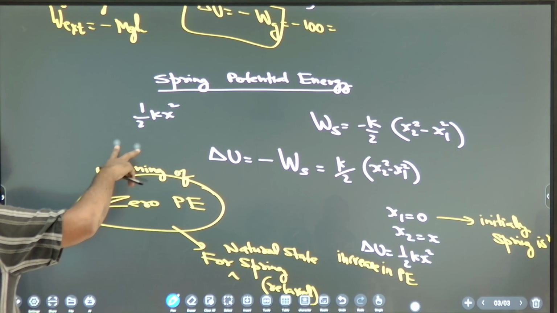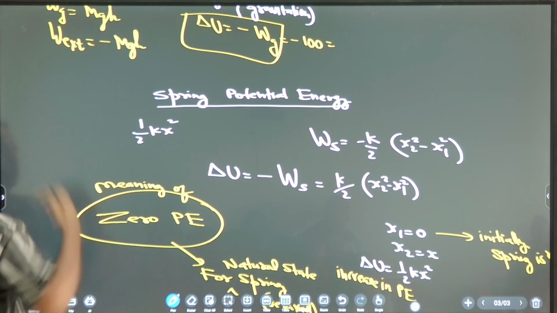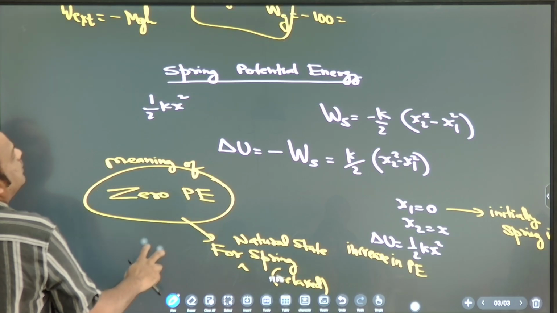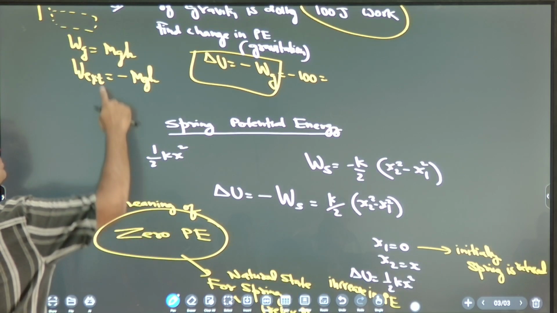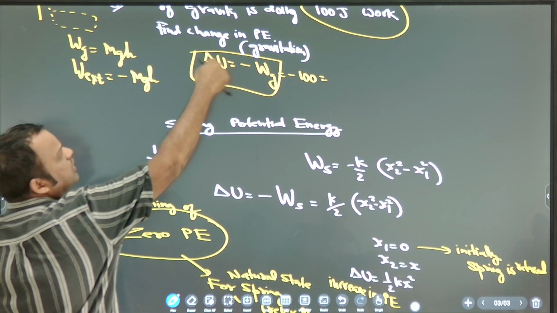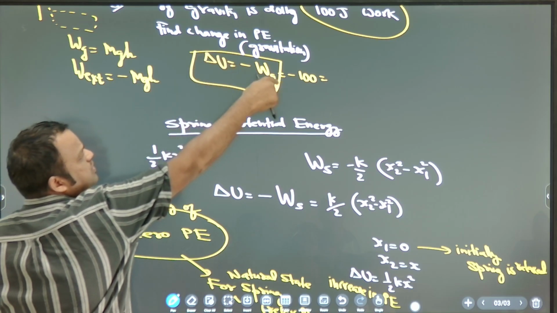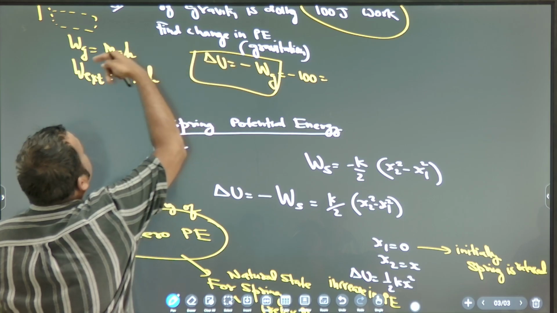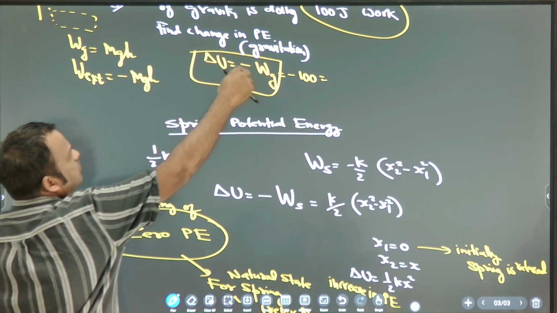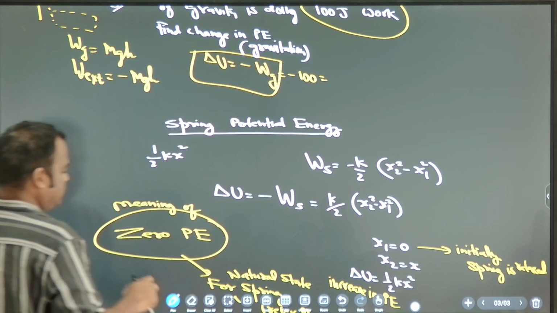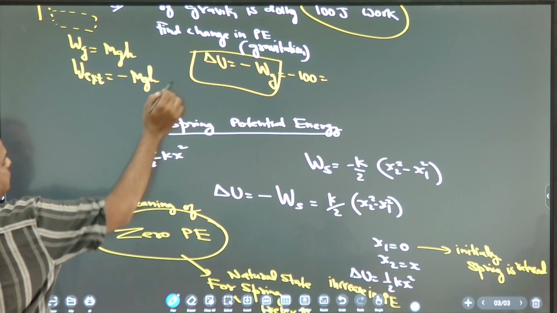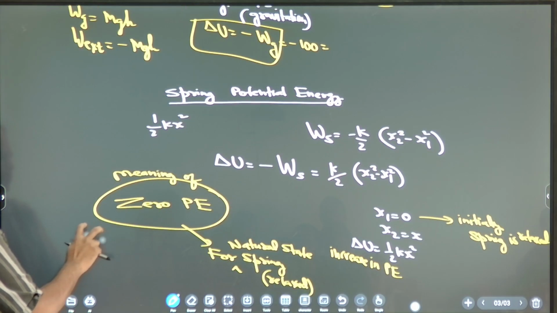What do you mean by zero gravitational? In gravitational, what is the meaning of zero potential? We know the formula for delta U. Delta U is minus mgh or plus mgh, like minus of work done by gravity. But what is zero potential energy? What is the meaning?